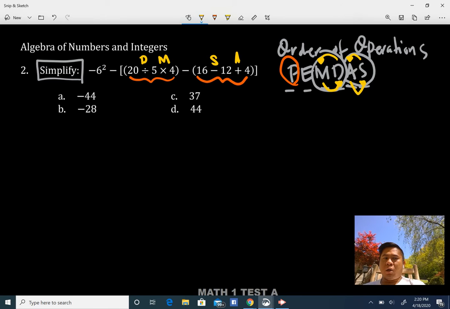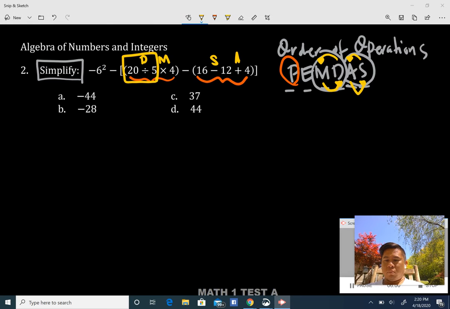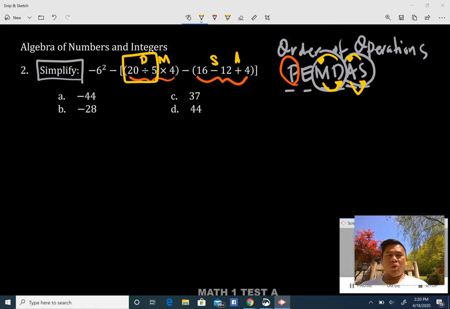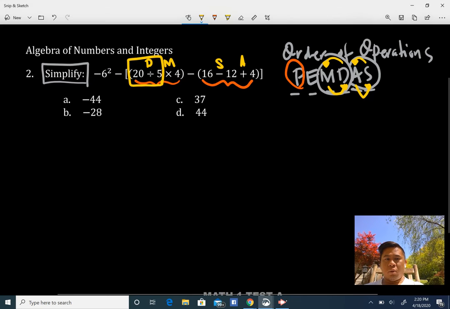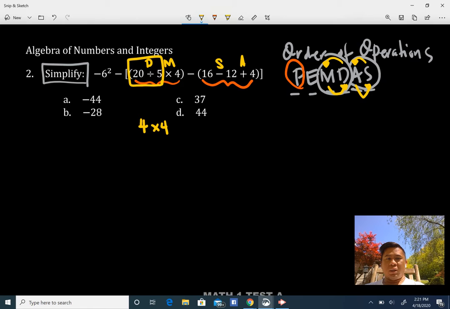And as we said a while ago, we can interchange those two in there according to the given expression. So with that being said, I can divide this first, 20 divided by 5, which is equal to 4, and then 4 times 4, which is equal to 16.